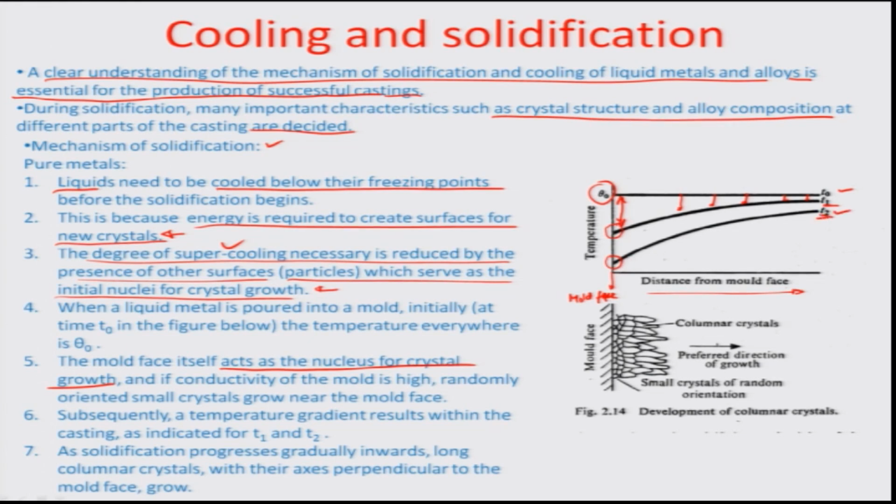So at a certain instance of time t2 greater than t1 from t0, the total temperature difference in the mold phase is more, and this gap grows wider and wider in comparison to the center of the mold. So the mold phase is really the one where maximum heat transfer takes place. And as the solidification progresses gradually inwards, long columnar crystals, like what has been shown here, with their axes perpendicular to the mold phase grow.